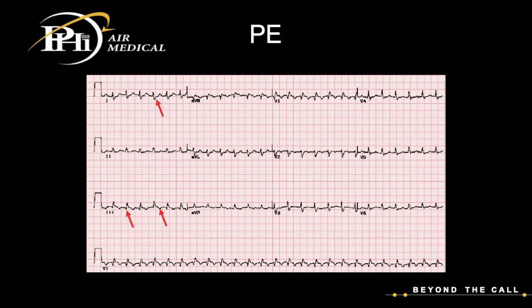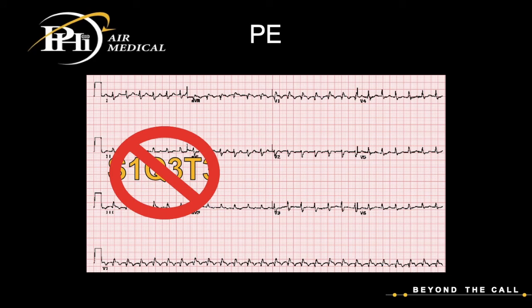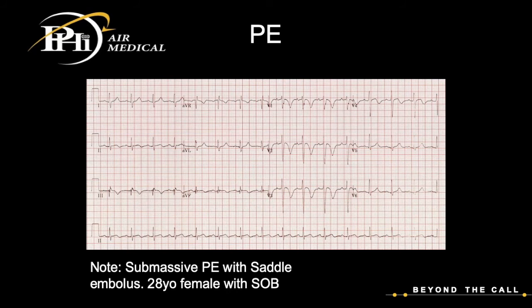I do see that S1Q3T3 in this 12 lead as well, because I have the presence of an S wave in lead 1, the presence of a Q wave in lead 3, and I also have a flipped T wave in lead 3. But much more importantly, I've got those flipped T waves in V1 through V4. So don't use S1Q3T3, because it is not very specific.